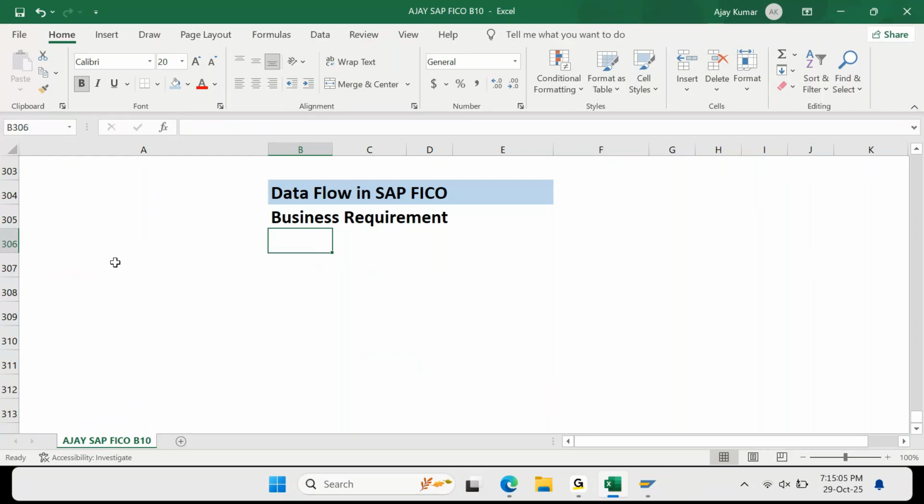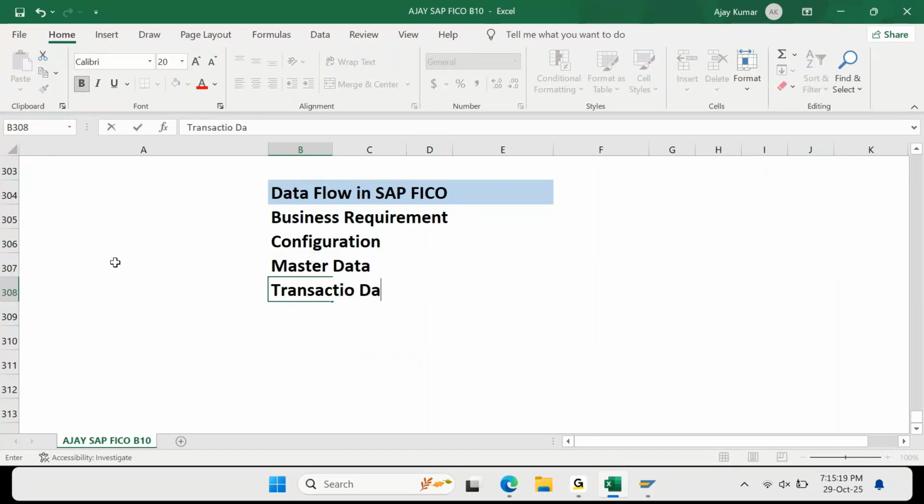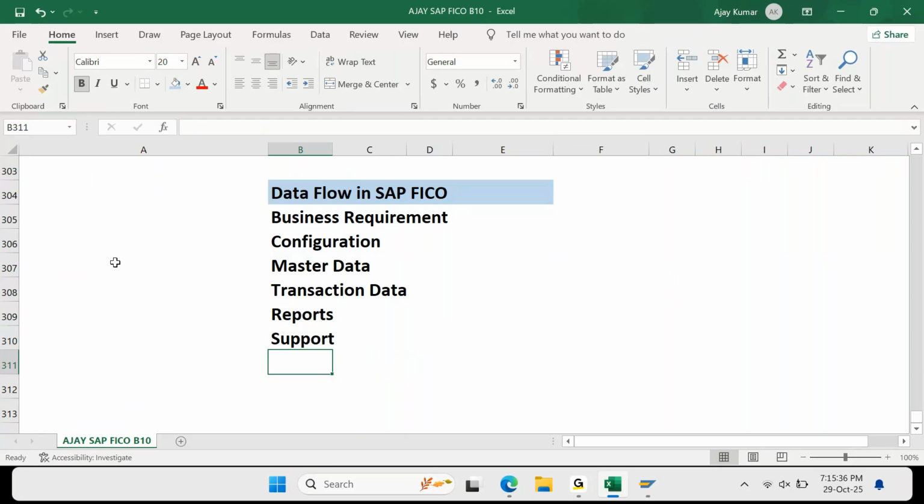Based on the business requirement, we will be preparing configuration. After configuration, we will be preparing master data. After master data, we will be preparing transaction data. Based on the master data and the transaction data, we will be generating or looking at different kinds of reports. After this, you will be providing support. This is the basic data flow which we all must understand right from day one.